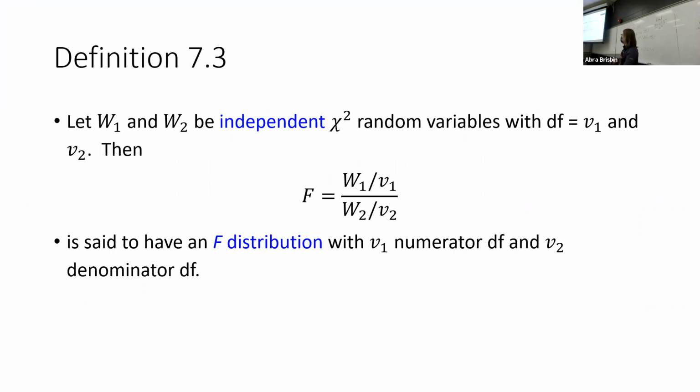So this is great and all, but what about random variables based on two different samples? So here we have definition 7.3. We're going to let W1 and W2 be independent chi-squared random variables with degrees of freedom V1 and V2.